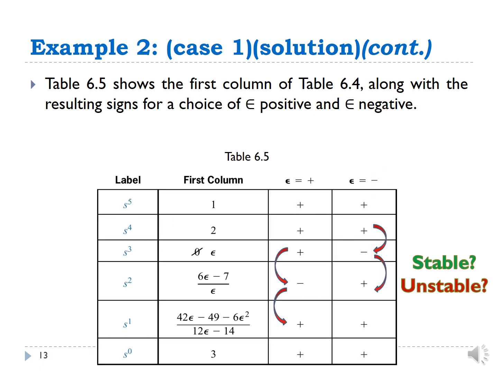From table 6.5, we can see that there are sign changes for both epsilon plus and epsilon minus. Then, how can we interpret the stability condition of the closed-loop system based on table 6.5?